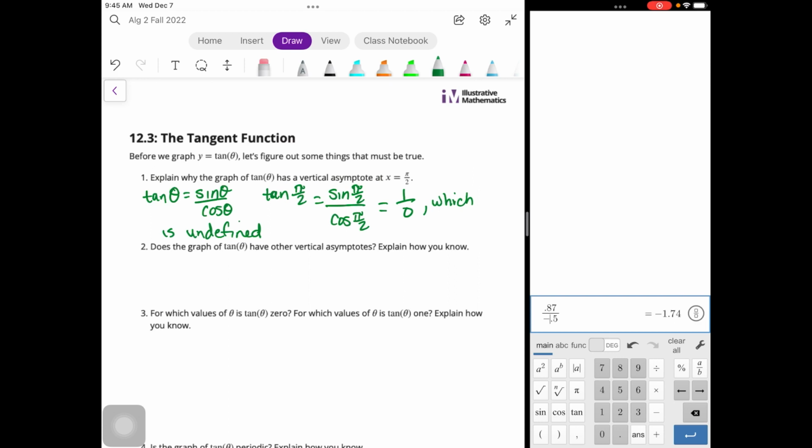And so anytime you have a cosine of 0, you're going to have that asymptote because it can't equal that value.